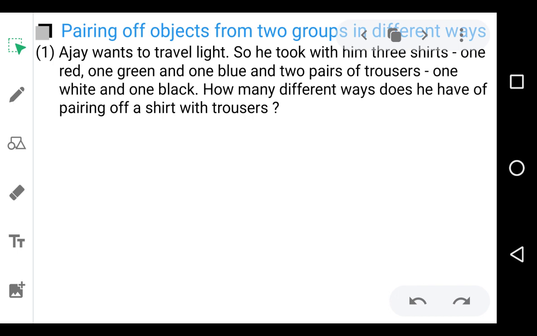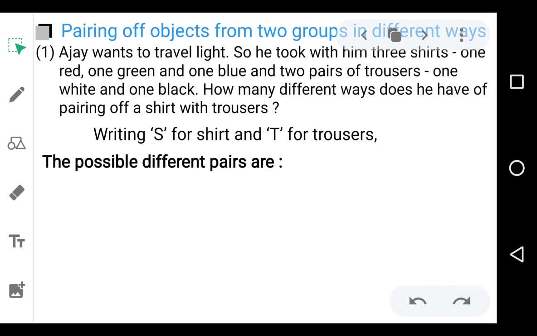So see, here we write S for shirt and T for trousers. The possible different pairs are, first we make pairs with black trousers.